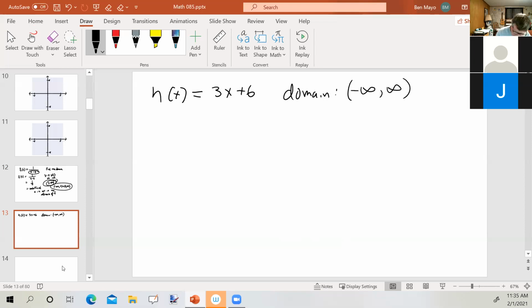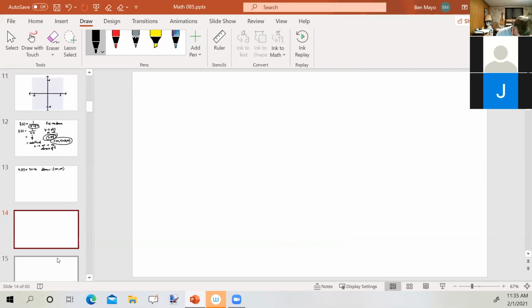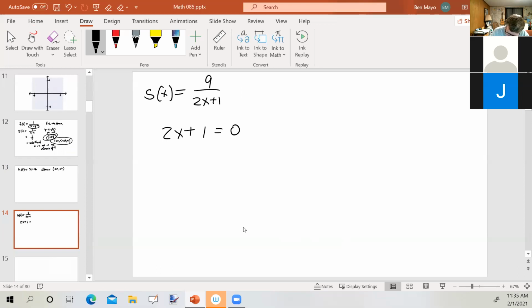Okay, how about this one? S of x equals 9 over 2x plus 1. This one maybe is a little more difficult to see. So what I could do is I could say, okay, 2x plus 1, when would that equal 0? Well, when 2x is negative 1, when x is negative a half.